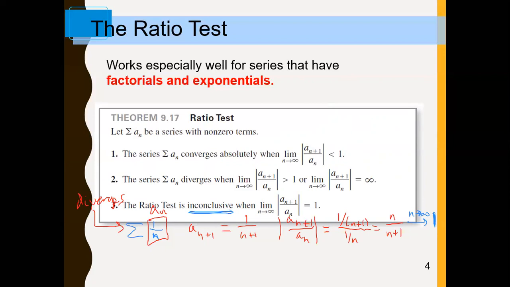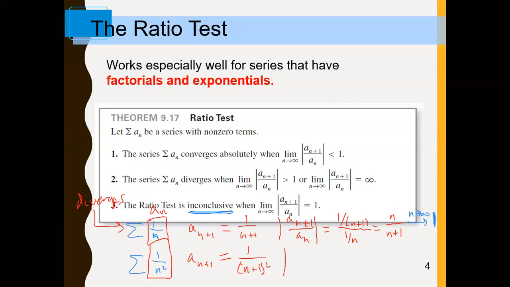How about the series 1 over n squared? Then in this case, what's a_n? Well, it's 1 over n squared. So what would a_(n+1) be? 1 over the quantity n plus 1 squared.